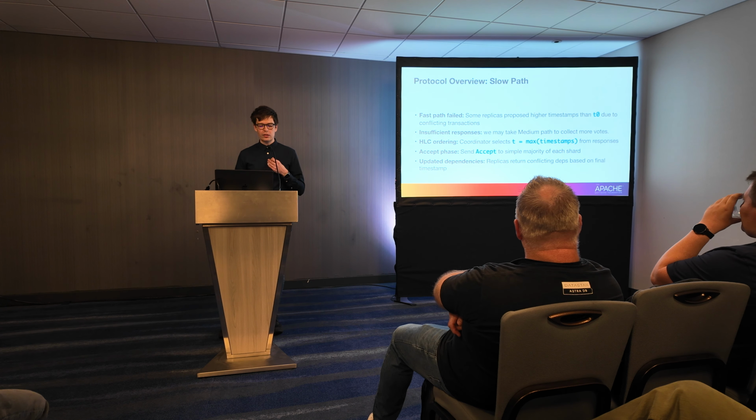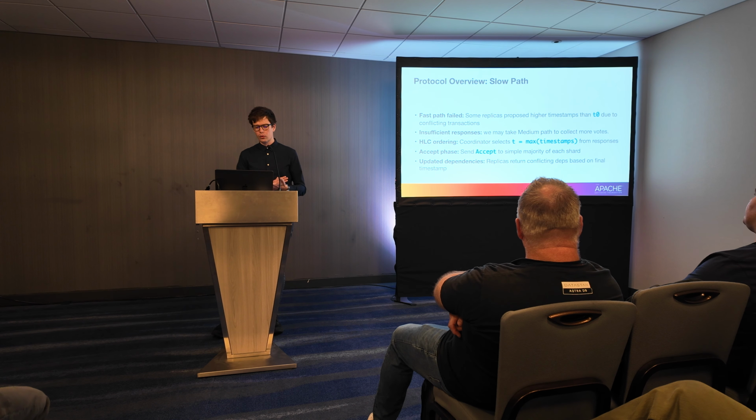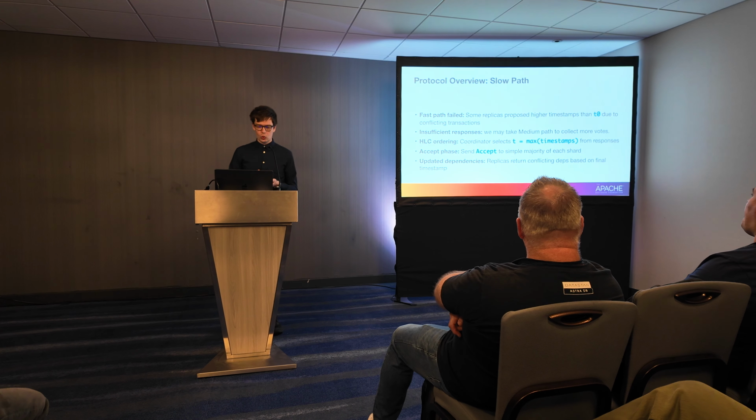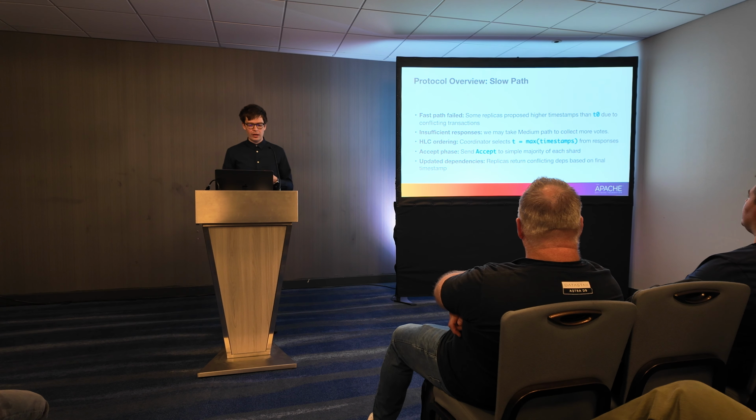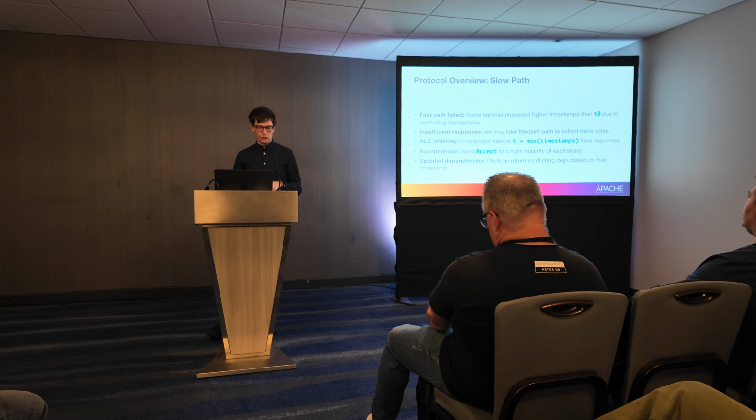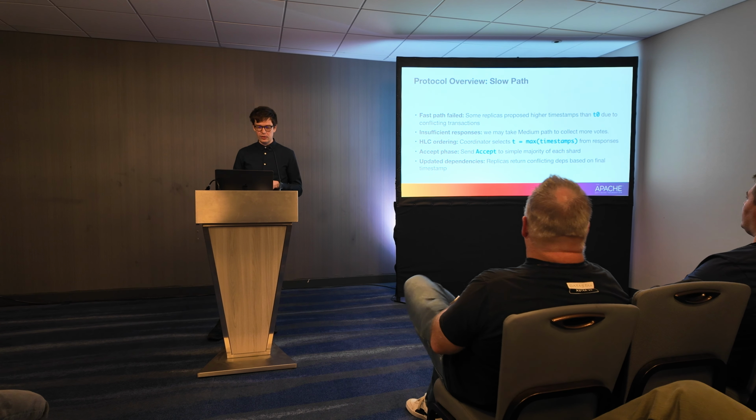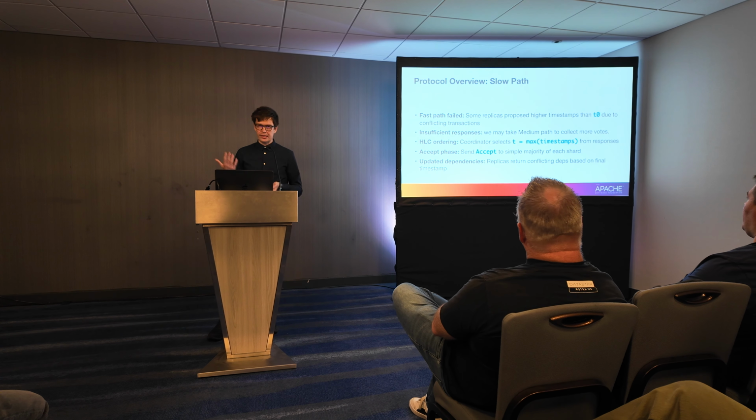If we receive insufficient responses during the initial phase, we may also take something called the medium path. This ensures that we gather enough replica participation to make a safe decision for the consensus, even if some nodes are slow or unreachable. So the medium path provides a fallback that maintains correctness while achieving reasonable performance when the optimal fast path isn't responding quickly enough.